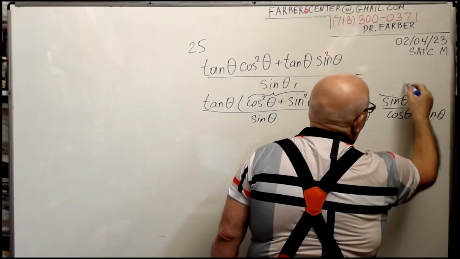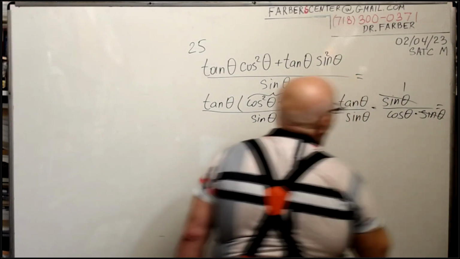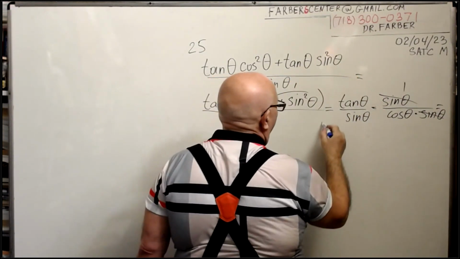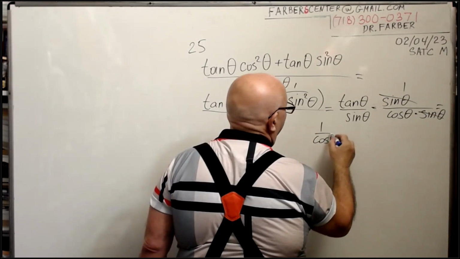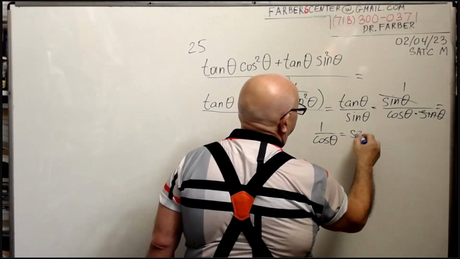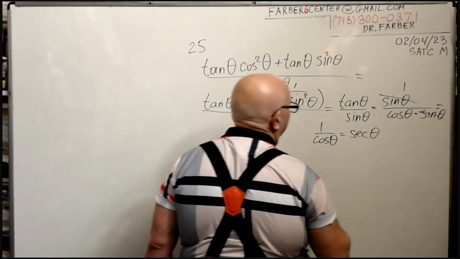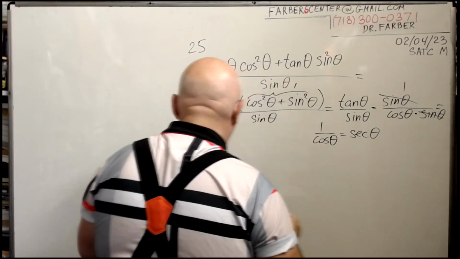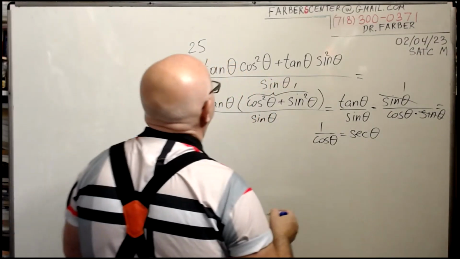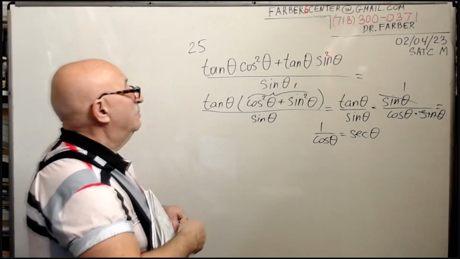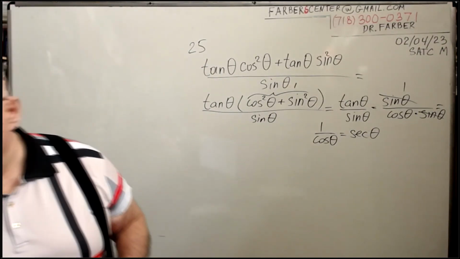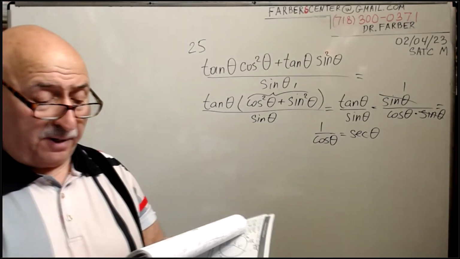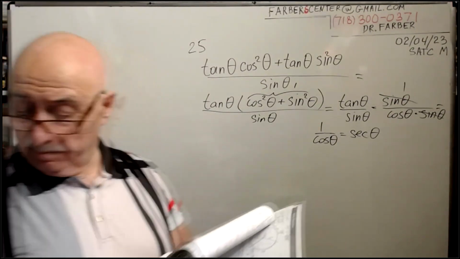Sine of theta cancels out. 1 over cosine of theta equals secant theta. Yeah, they provided the same format. Again, they don't use anything extra beyond what I gave you. It's practically everything we covered.